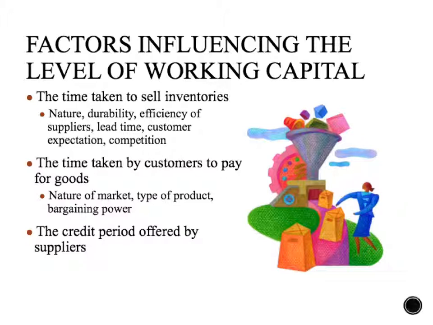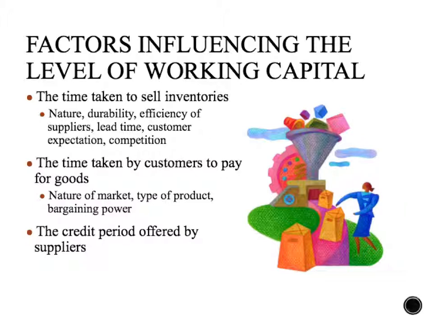Others are not able to wait so long, and so they may only have a limited choice at the showroom. You've got to look at whether it is a product that you're willing to wait for or not. And then obviously we need to look at our competition. If your competition are holding high levels of inventory, you need to perhaps do the same in order to have the same competitive edge.